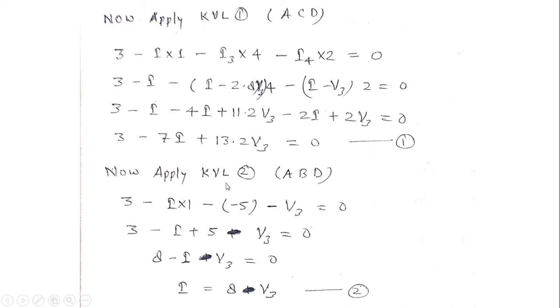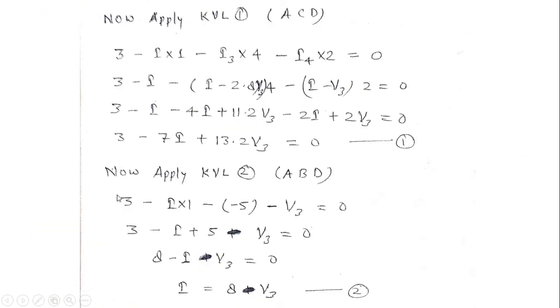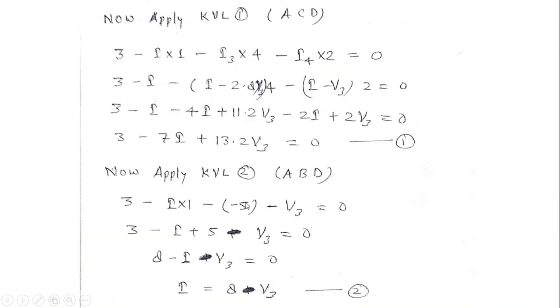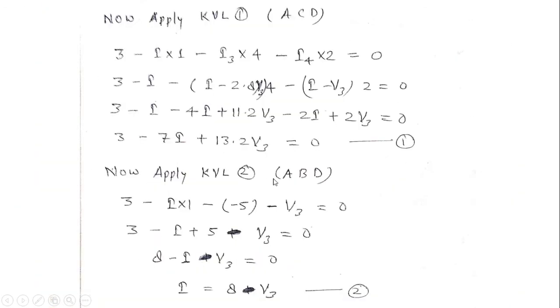Now apply KVL in path 2. Which one is path 2? This one, A, B, D. So 3 minus I into 1 ohm resistance, then there is a battery with reverse polarity, so minus of minus becomes plus 5, and then minus V3.